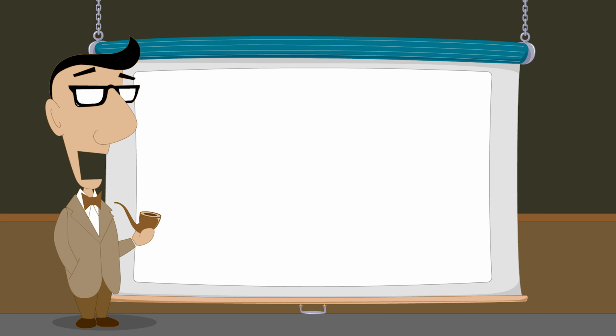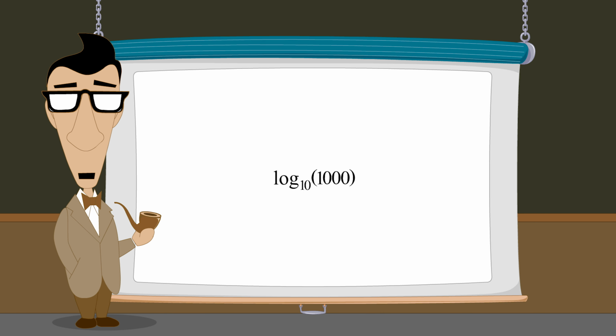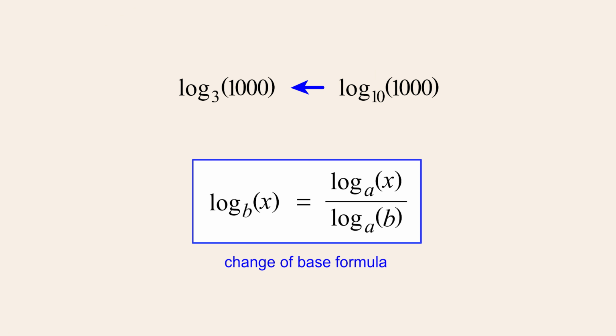As one last example, let's convert the base 10 log of 1000 to the base 3 log of 1000. So once again, a is the original log base that we wish to change, so a is 10.